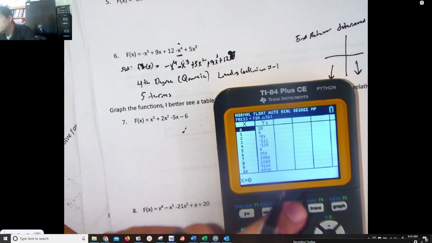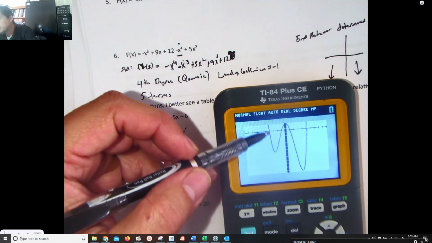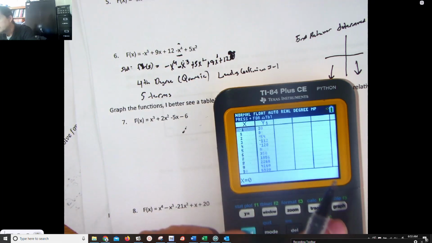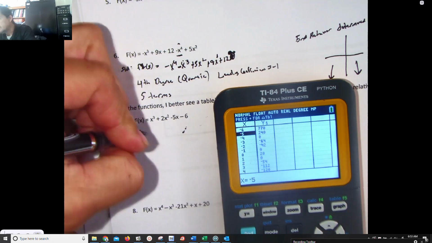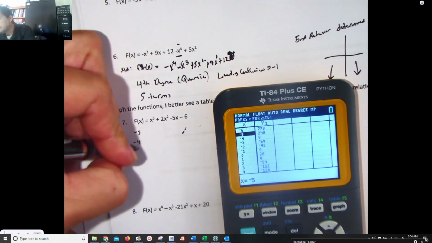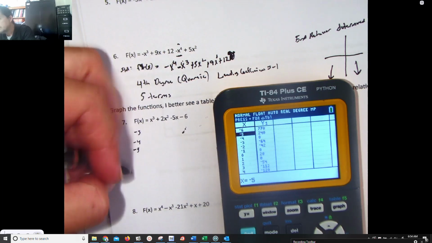Now I want you to notice that on your graph there's some stuff back here. Looks like the graph is really interesting up till about negative 4. Then it just shoots off. Negative 5, negative 4. Something's going on around negative 3. We're turning. We go from negative 64 to negative 42.